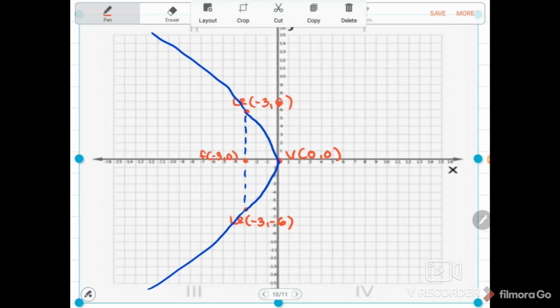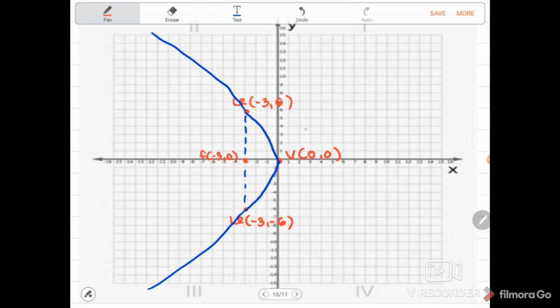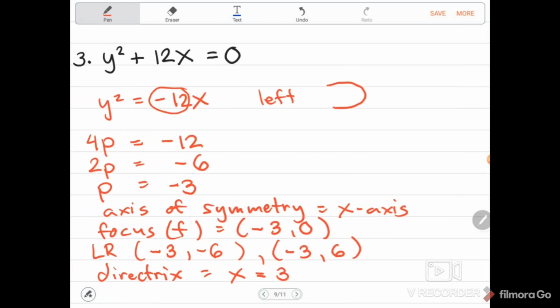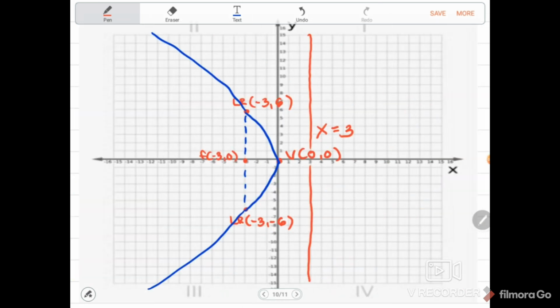So, gagawa lang tayo ng line. X is equal to 3. Ayan. So that will be the graph of our parabola with equation y squared is equal to negative 12x. As easy as that, no?